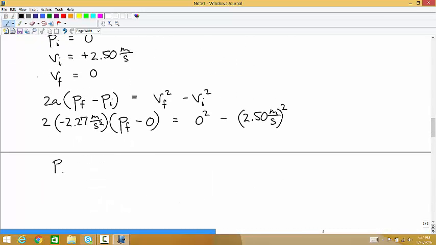And if you solve for PF, you get 1.39 meters. And then it asks for that in millimeters.